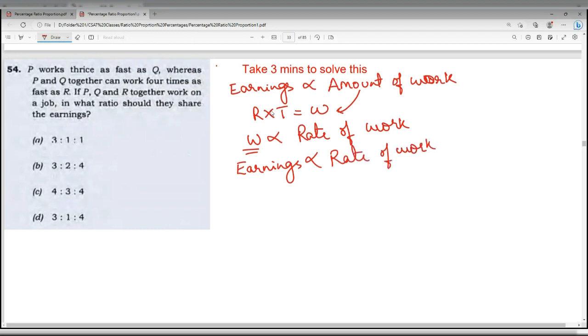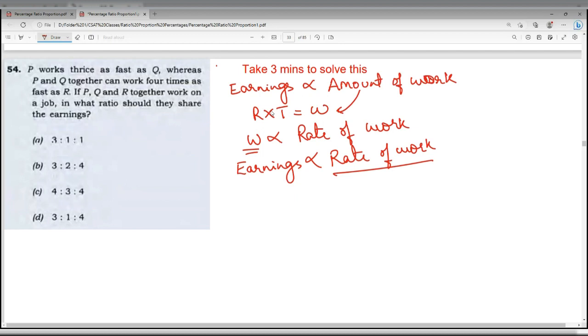So they would earn in the ratio of how much they work in a day or in an hour. What they have given is the rates, and we are supposed to calculate, if they work together, the ratio in which they earn.